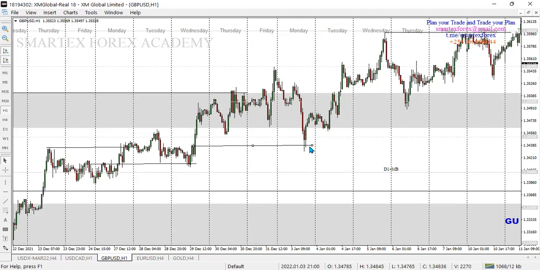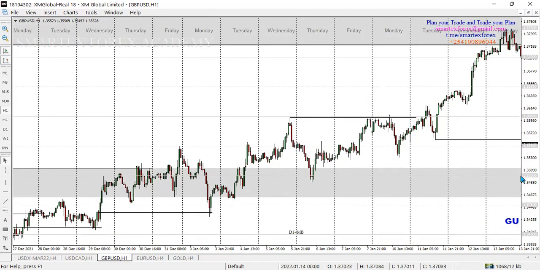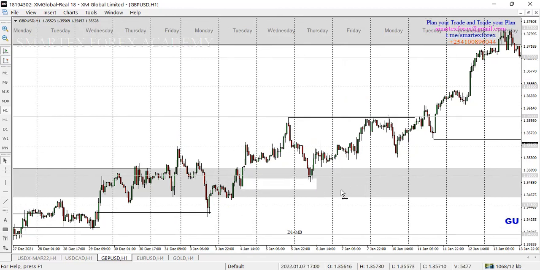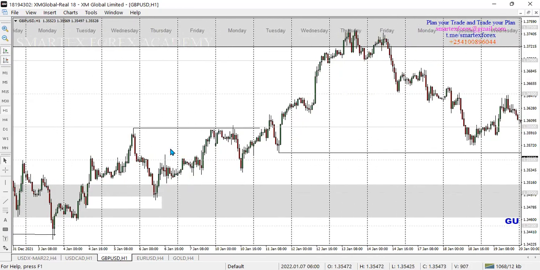I'm trying to look for an unmitigated zone. We just need to follow up keenly. And then we have another break of structure here. We expected a return, and this is it. Price came back and mitigated the zone. All right. And then we have another break of structure here, so we need to see a mitigation of that zone.